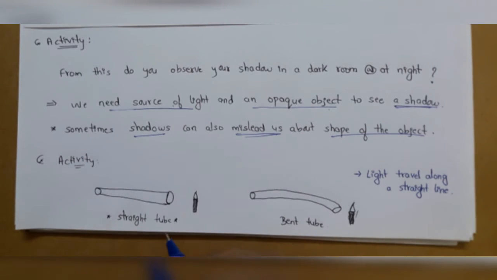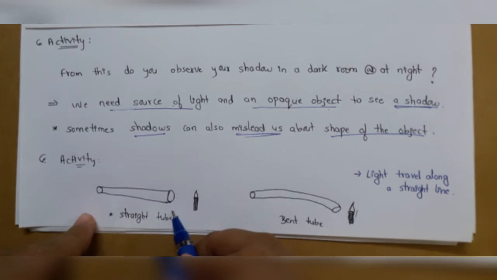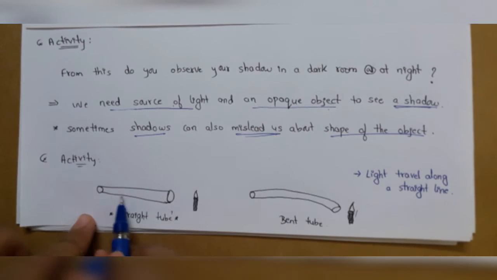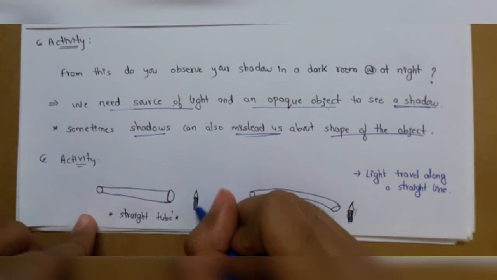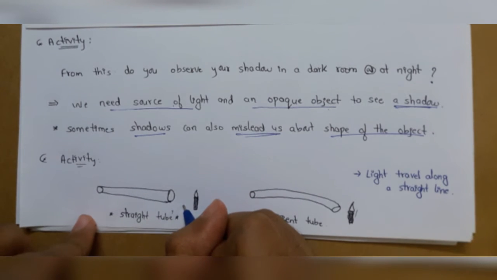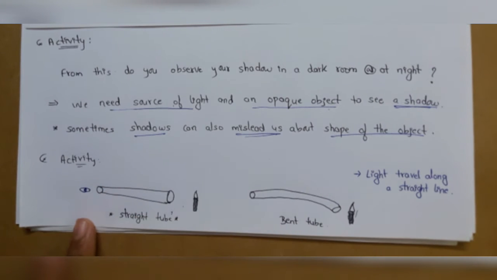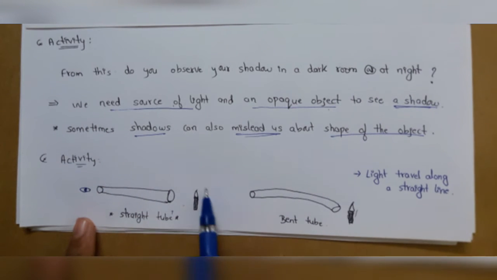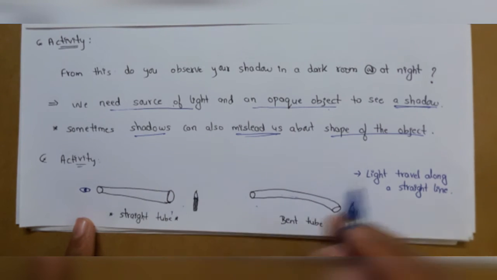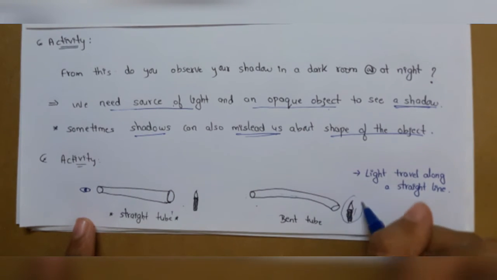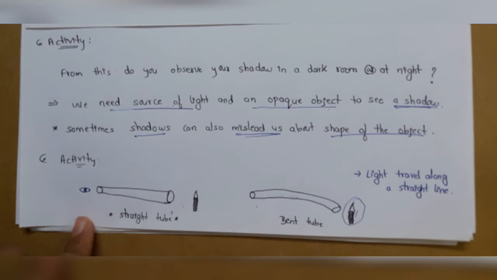For one more activity, let's consider a long, straight tube and a candle. When you have a long straight tube and you look from here, you can see the candle. But when you bend the tube, can you see this candle? Observe this activity by doing it yourself.